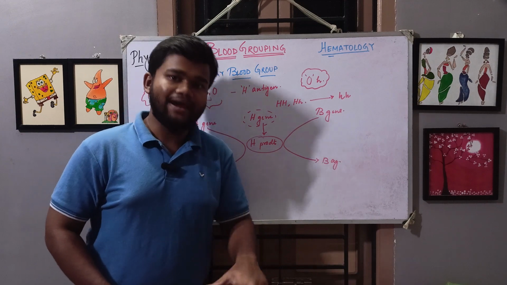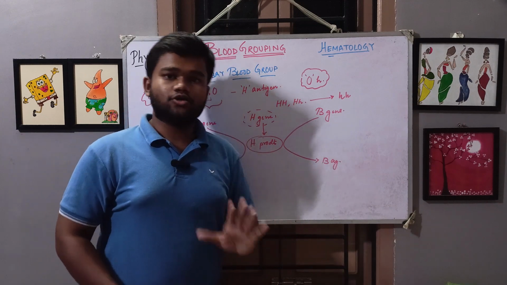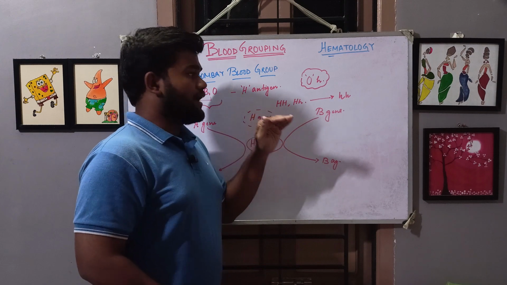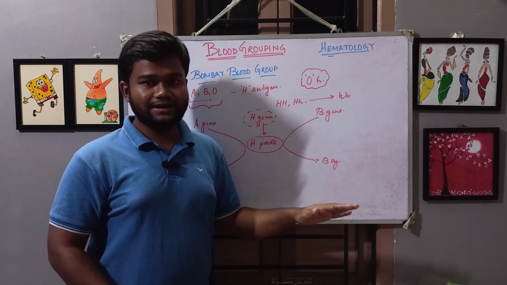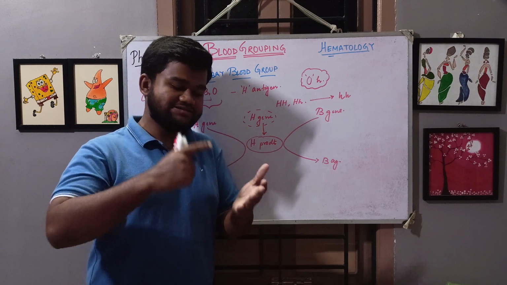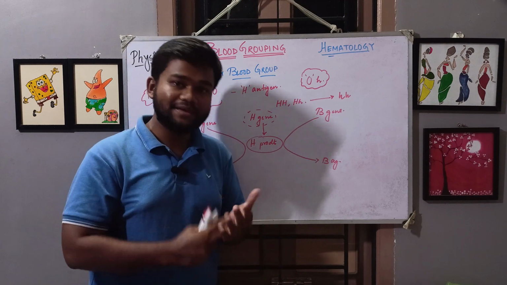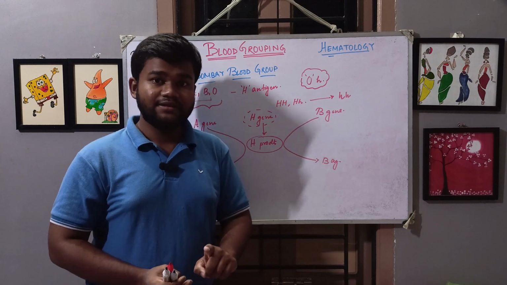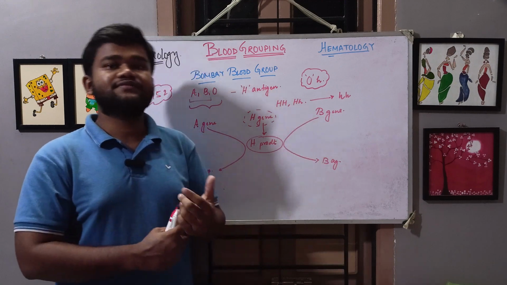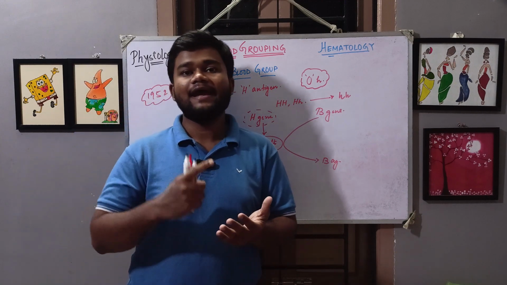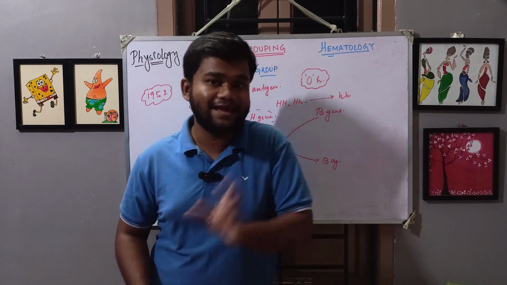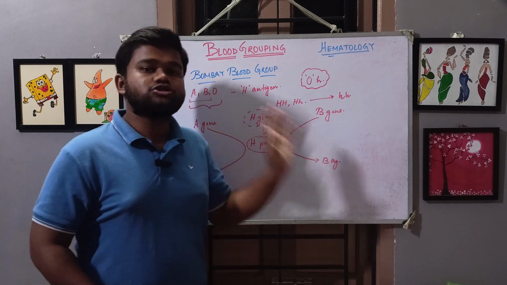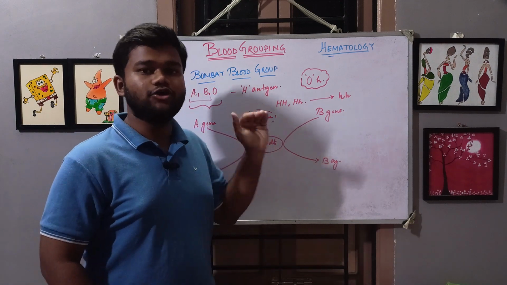The typical characteristic of these blood group persons is that they have got no antigen on their RBC membranes, that is they do not have the A antigen, B antigen as well as the H antigen, but they have got all the three antibodies, that is anti-A, anti-B as well as anti-H antibodies in their serum.